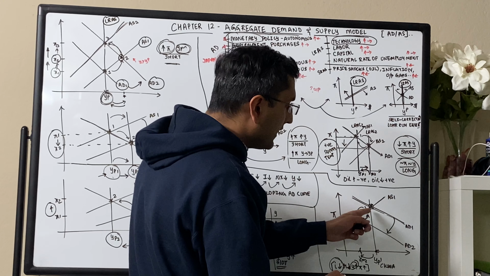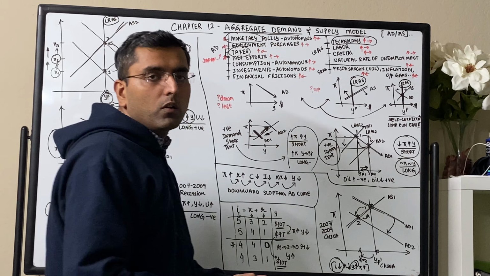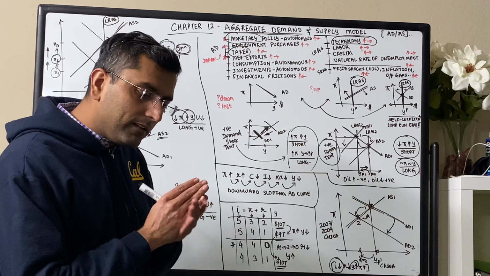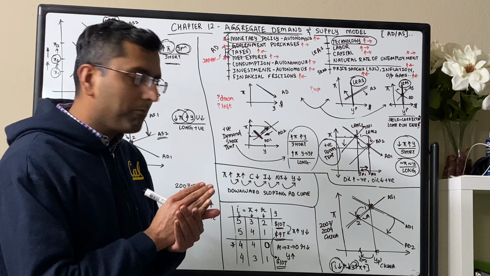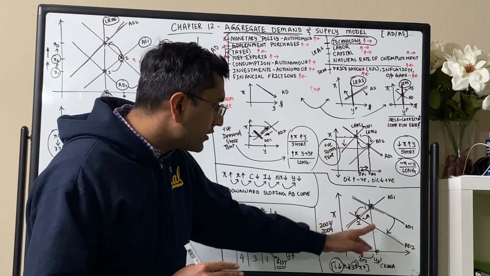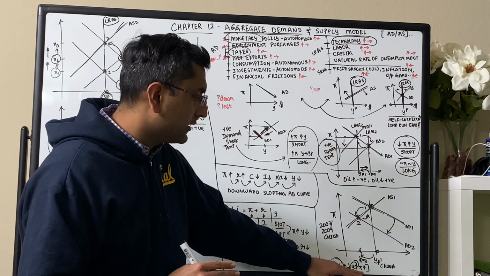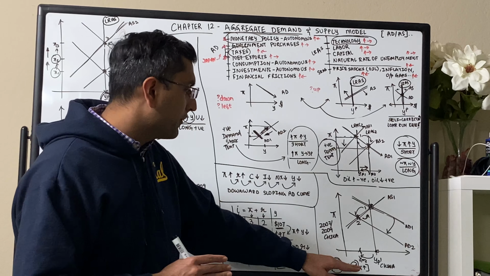So structurally, their economy was not impacted. So that's the key. When the productivity of the country is not structurally impacted, you can actually claw back those demand shocks by counter positive demand shocks as well.